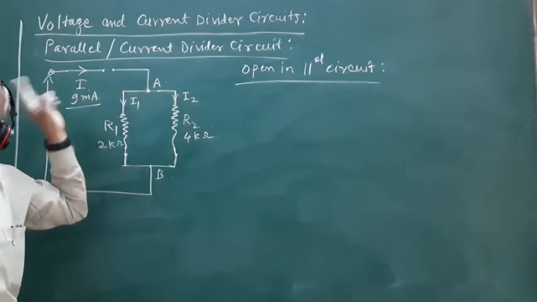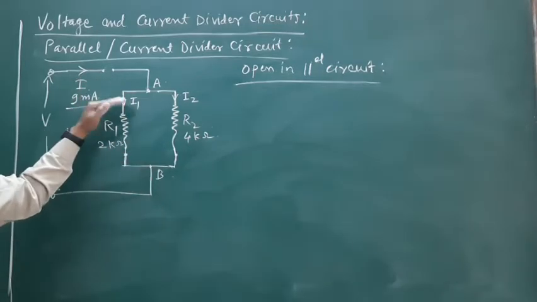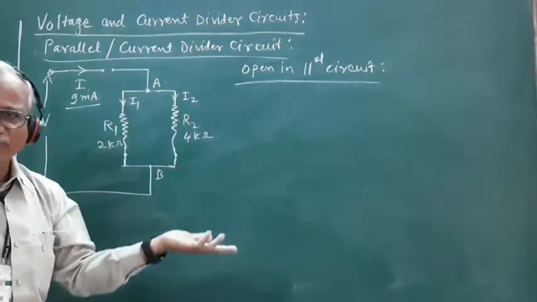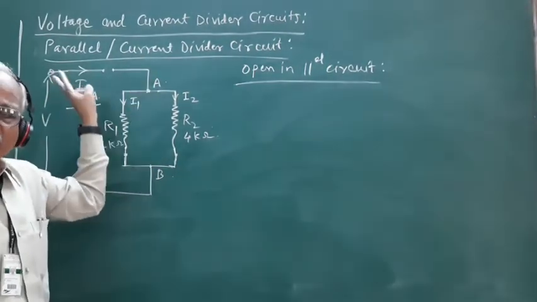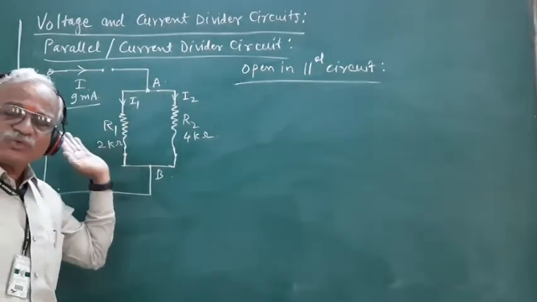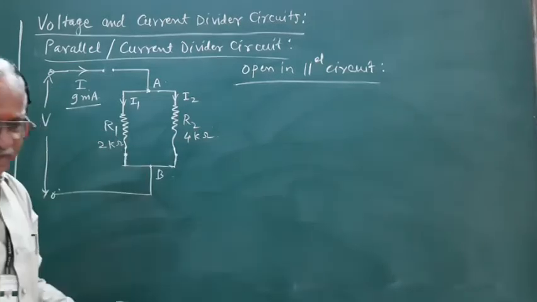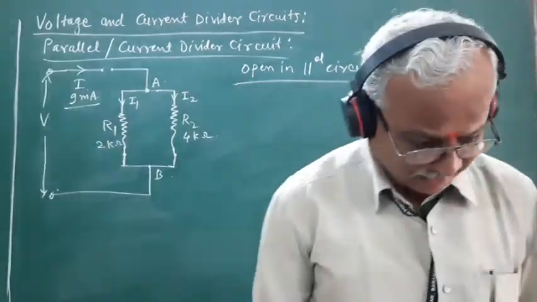The resistance of the open terminals is, as always, infinite. So no current is drawn from the source. If no current is drawn from the source, no currents will flow either through the resistors R1 or R2. So that is what happens if the open appears in the parallel circuit.